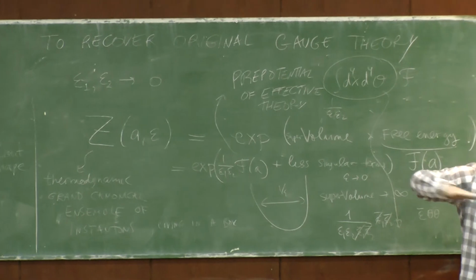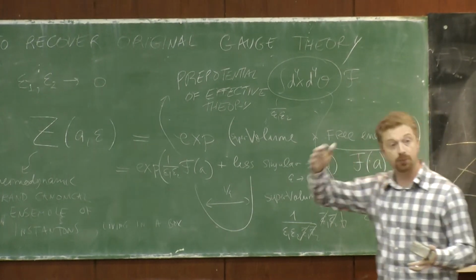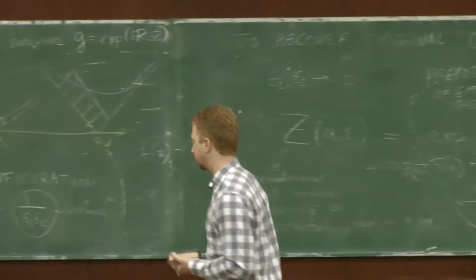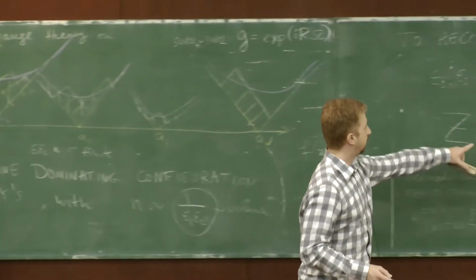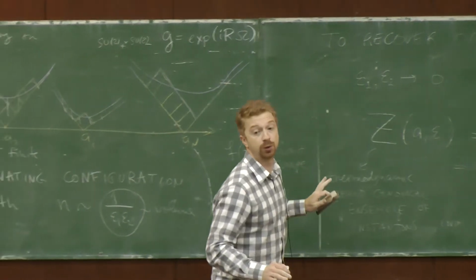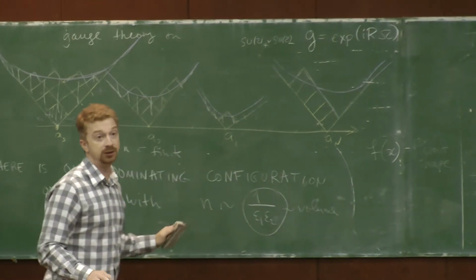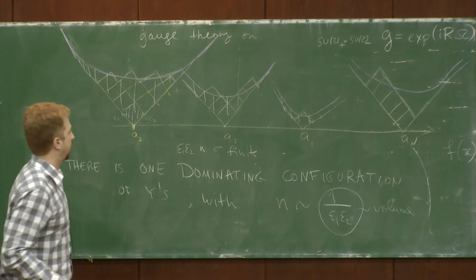In the translation invariant theory, you expect to have some equilibrium density of instantons. And it's very small in the region where the Higgs field is very large, which is also what you expect. You expect to have a dilute instanton gas. And this is what you get.